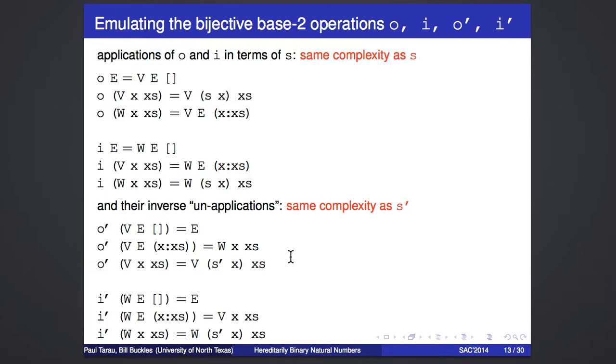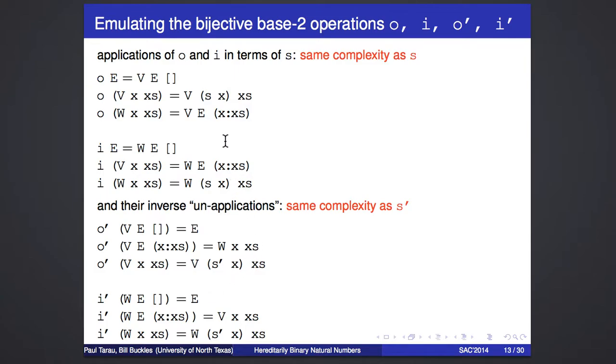And now the interesting part is that the bijective base-2 operations, the constructors O and I that apply 2x plus 1 and 2x plus 2, and their inverses O prime and I prime, can also be expressed, as we can see here, by calling S at most once, and the same thing applies for O prime and I prime by calling S prime at most once.